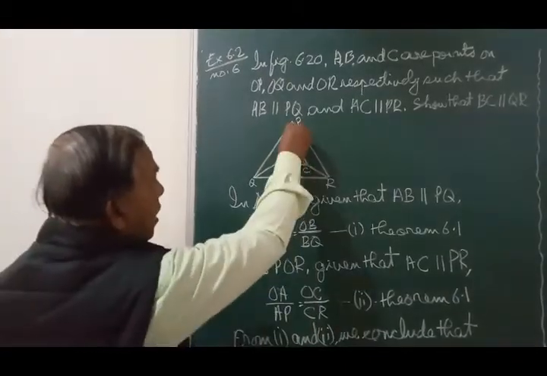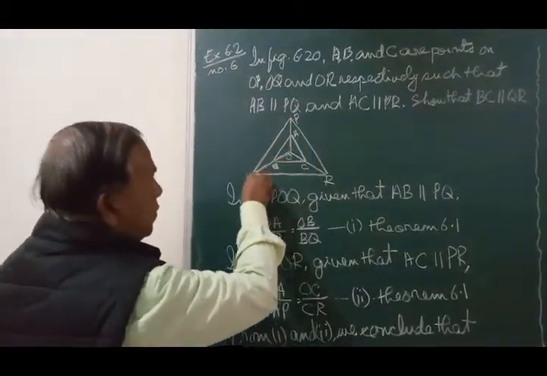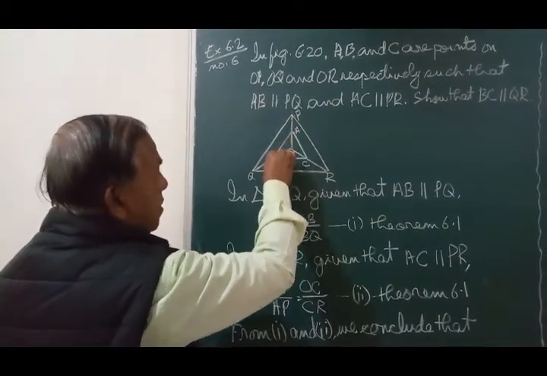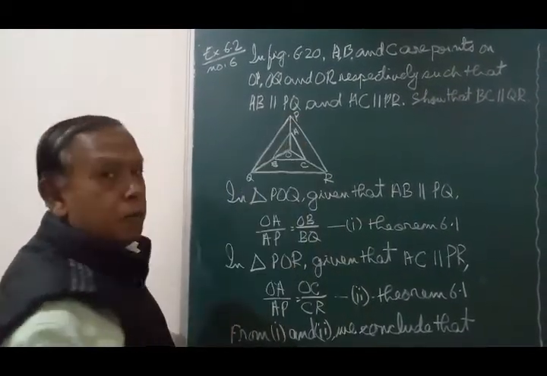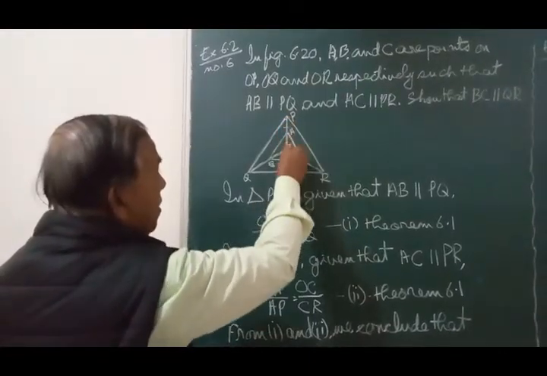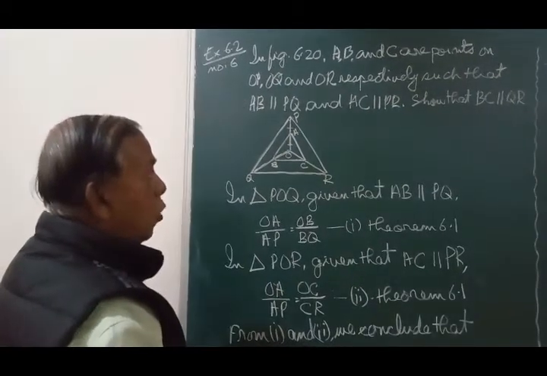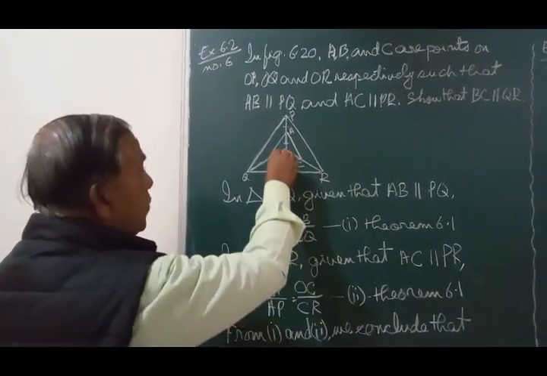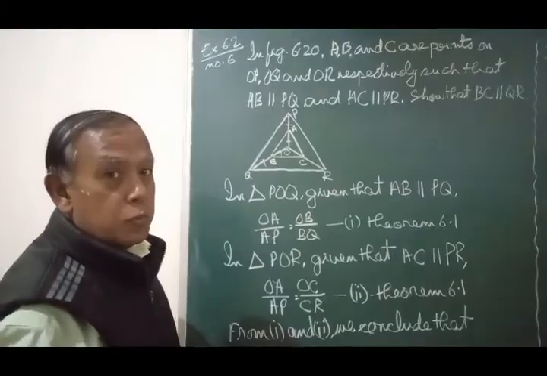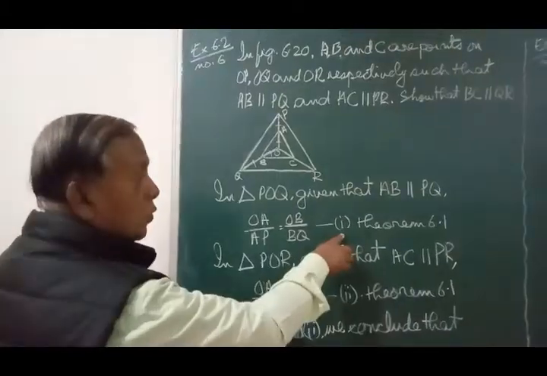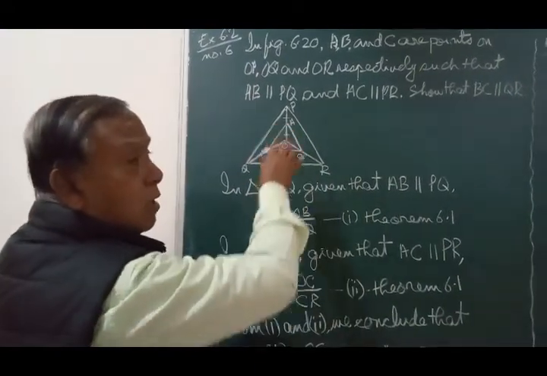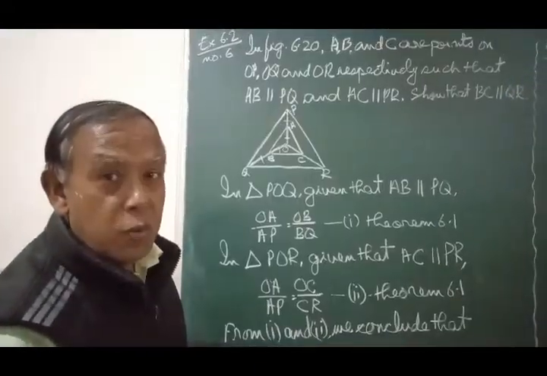In first triangle POQ, we have these two are parallel. AB parallel PQ, and therefore OA upon AP is equal to OB upon BQ. First proof, according to theorem number 6.1, lines are parallel and therefore the sides are in the proper ratio.